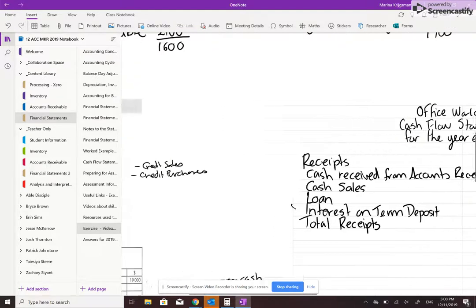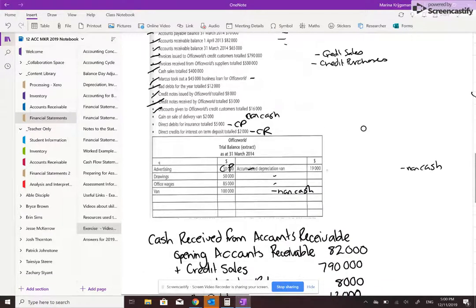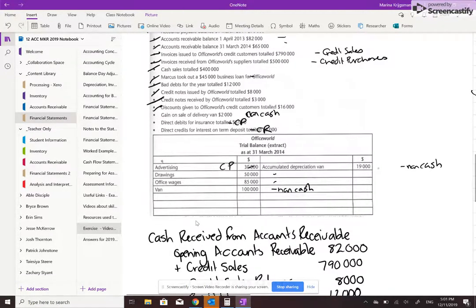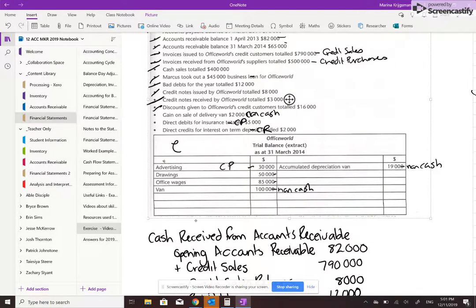So then we'll work out total receipts. Now, if we were given just a trial balance, we'd find expenses are cash payments and our incomes are cash receipts, okay?